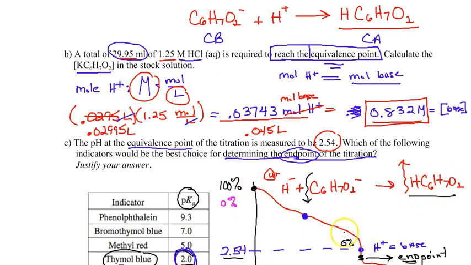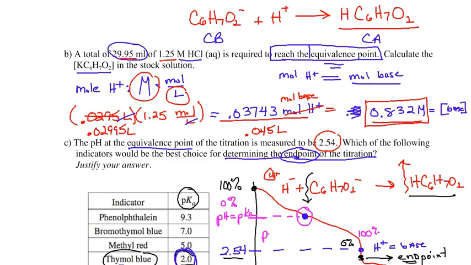And at the end you have 100% of the conjugate acid. Where would you have 50? Right in between. And what do we know? That the pH at this point where you have equal amounts is equal to the pKa. All right, the Henderson-Hasselbalch equation, the log of equal values would go to 0 and pH equals pKa.